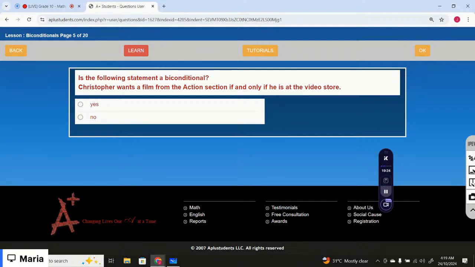Is the following conditional statement a biconditional? Christopher wants a film from the action section if and only if he is at the video store. So, which is the correct option?